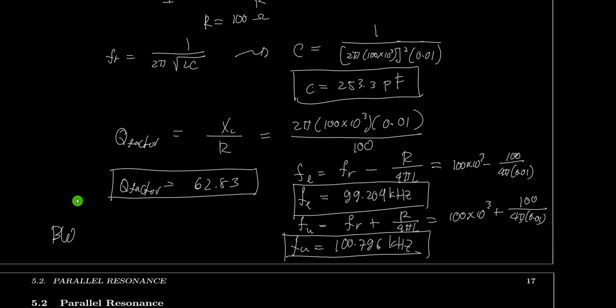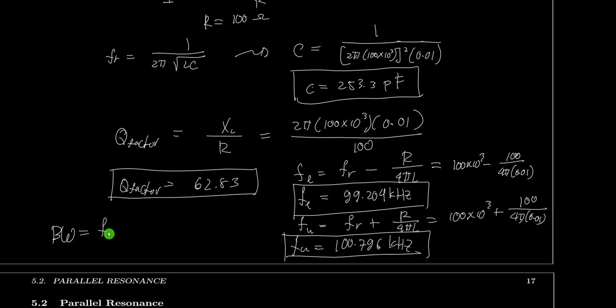And for the last one, the bandwidth, in terms of the frequency, instead of the angular frequency, we can solve for the bandwidth. We can use the formula R over 2 pi L, or we can simply use the upper minus the lower cutoff frequency.